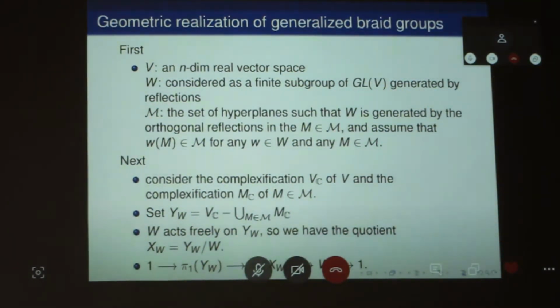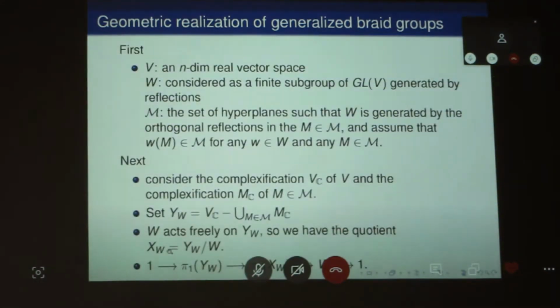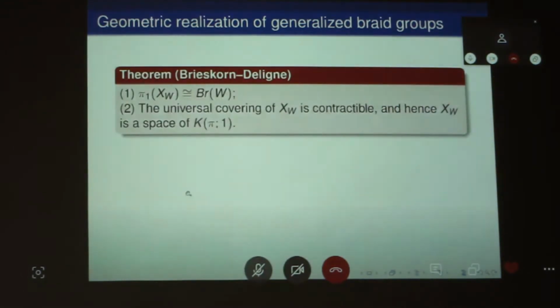In the classical case, that is the symmetric group, but now it is a finite group. Later, Brieskorn and Deligne showed the theorem that the fundamental group of this quotient space is isomorphic to the generalized braid group.